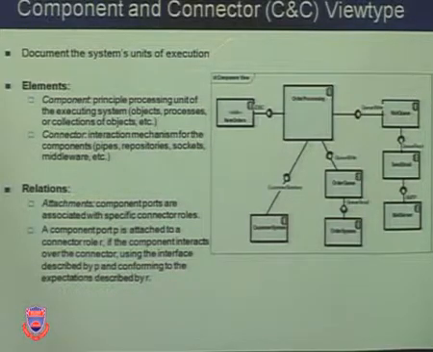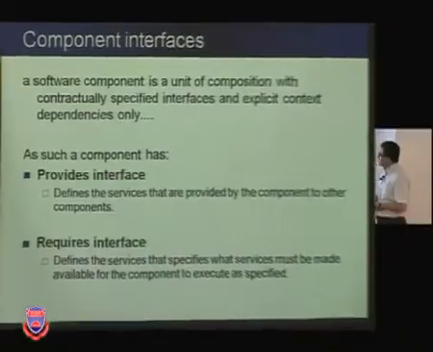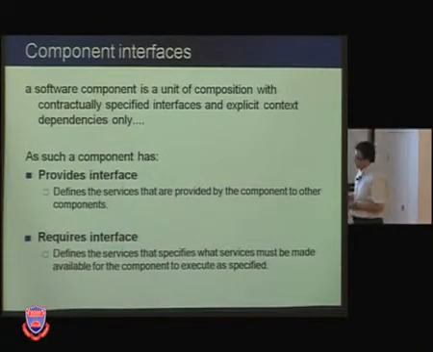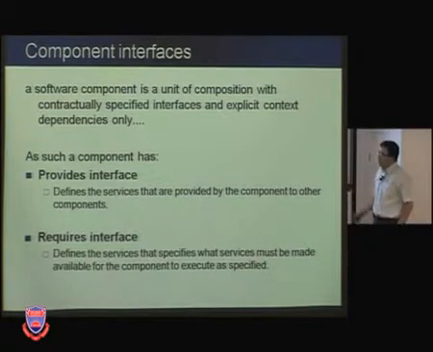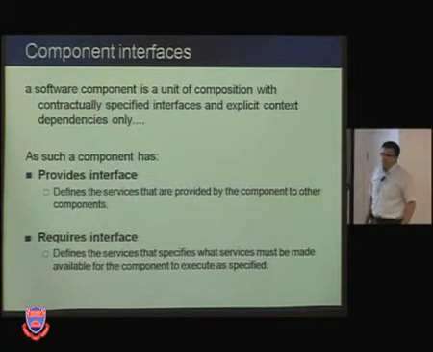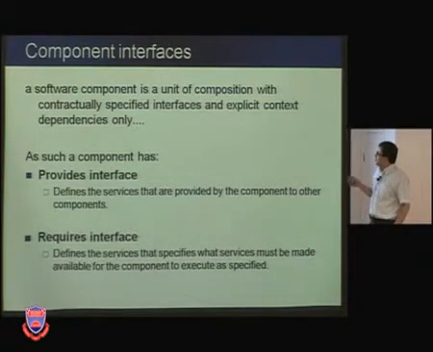This is an example of a component diagram as a component view, where we have three, six, eight components, where every component has some provides and requires interface. A software component is a unit of composition. We have discussed this before when discussing architectural description languages.